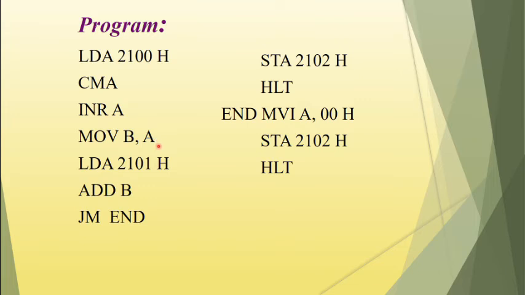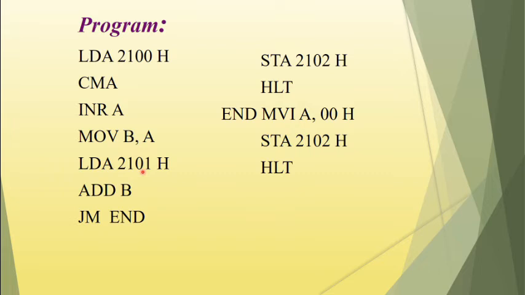Then we store the 2's complement of the first number into register B, using MOV B, A. Thereafter we load the contents of the second memory location 2101 into the accumulator, and do the addition of B with respect to A. Now remember, B contains the 2's complement of the number stored in 2100. So this command is equivalent to A minus B.